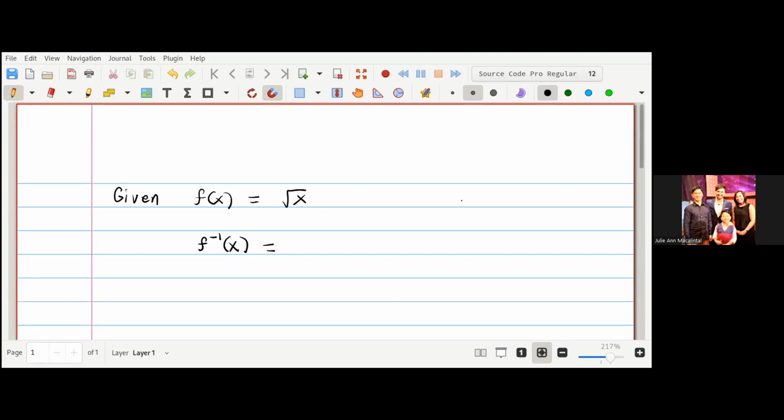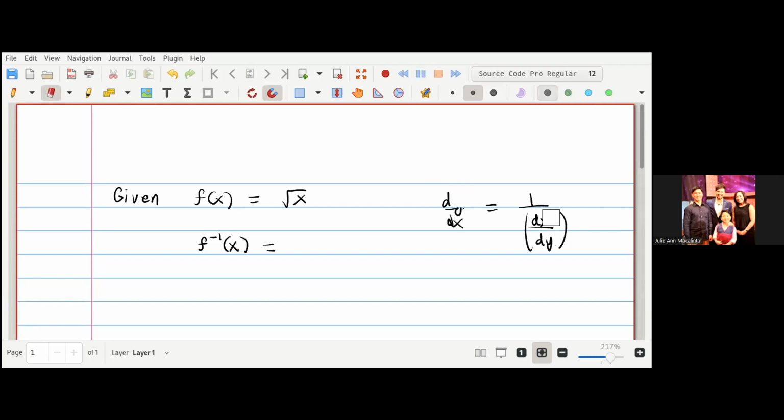So, ang gagamitin nating theorem, yung derivative ng inverse is 1 over dx over dy. Well, sorry, dapat baliktad rin na x yung ano eh.